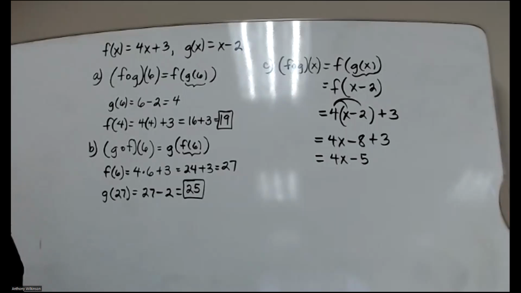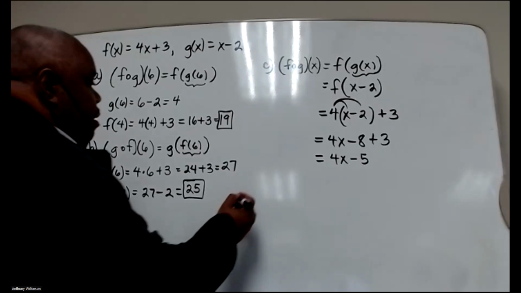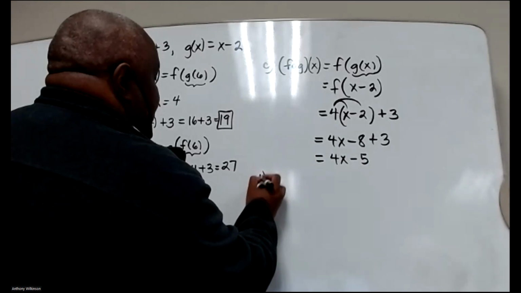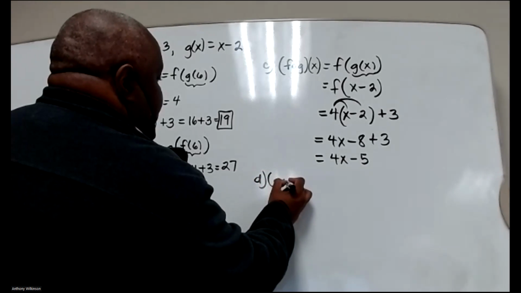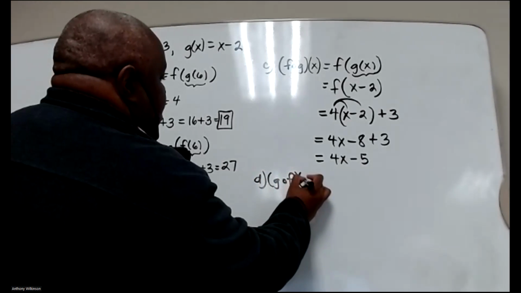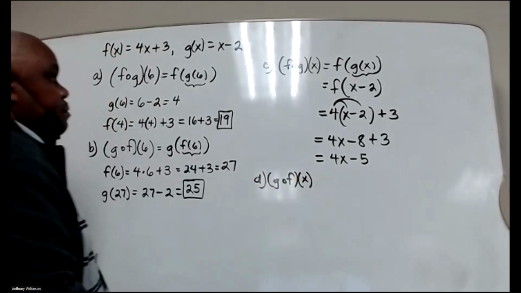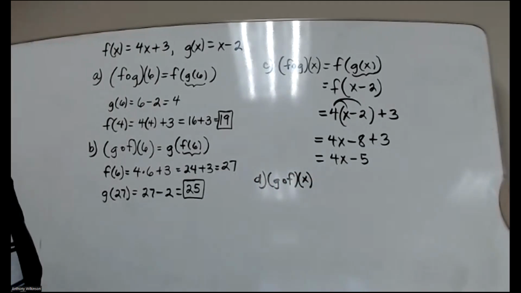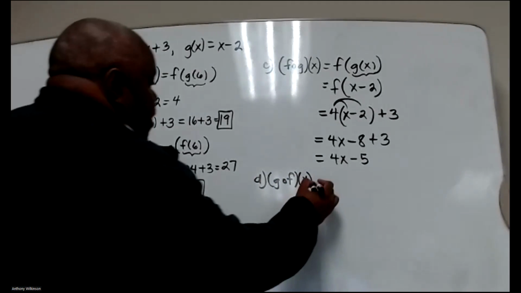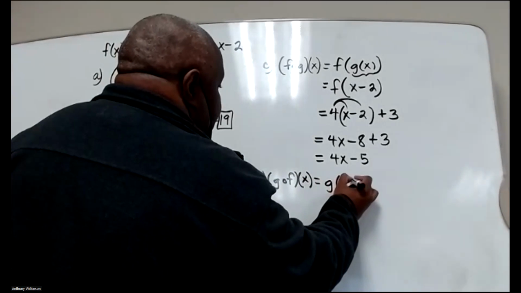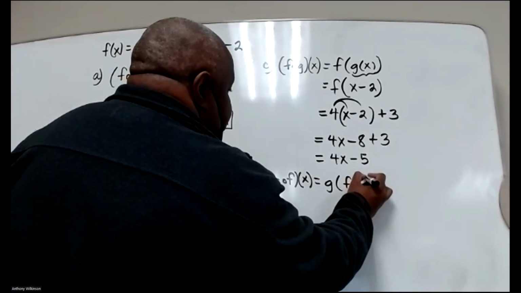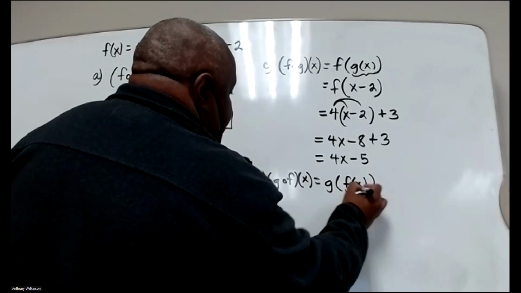Okay. Questions on part C? All right, let's say you had the composition of g with f of x. So this time, the g will be on the outside. The inside function is f of x.